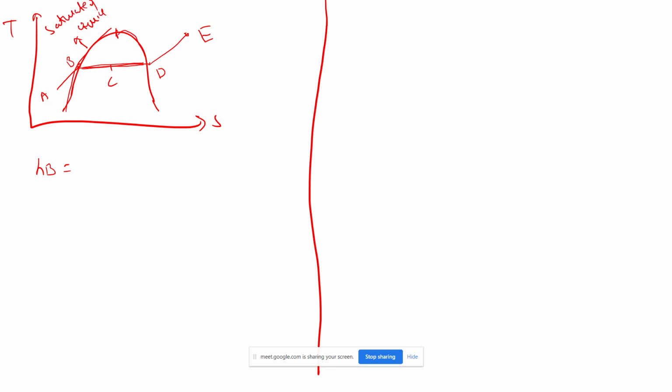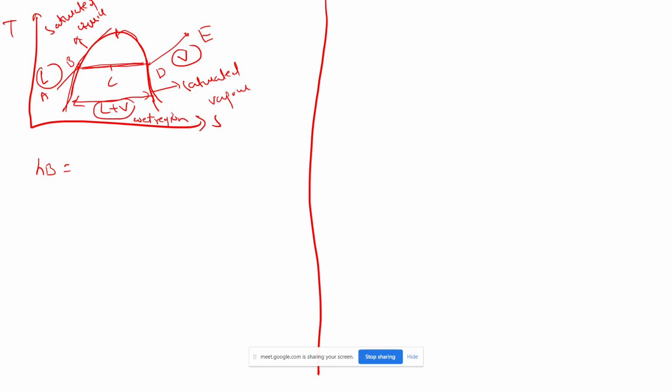And from here to this line represents saturated vapor. In between it represents liquid plus vapor, both forms. Before this it is liquid and after it is vapor. This liquid plus vapor region is also known as wet region.